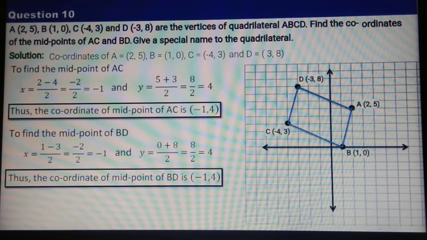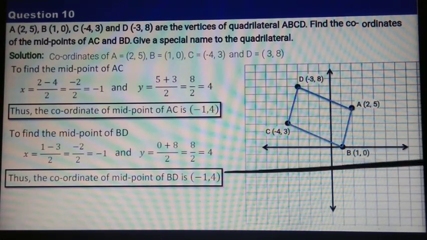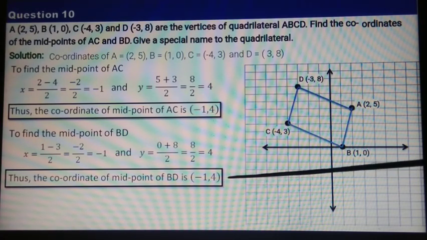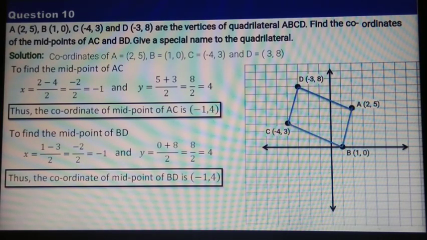Now if you see carefully, both the midpoints are the same, right? The diagonals of a parallelogram not only intersect, but they bisect each other, right?